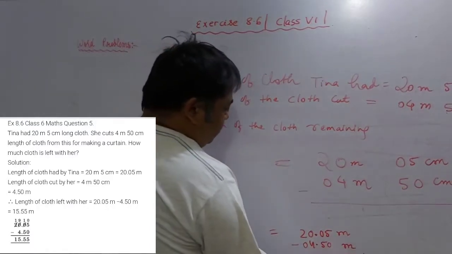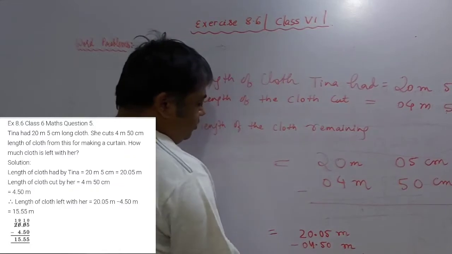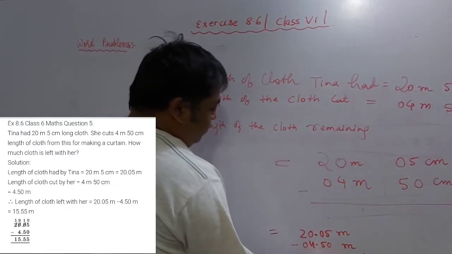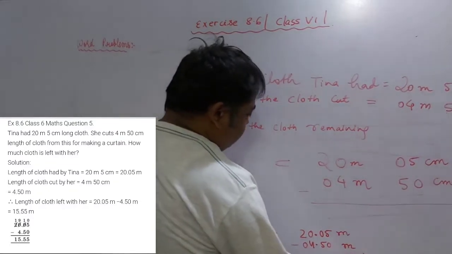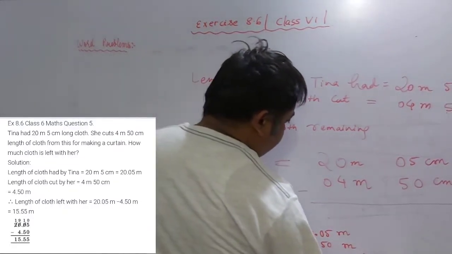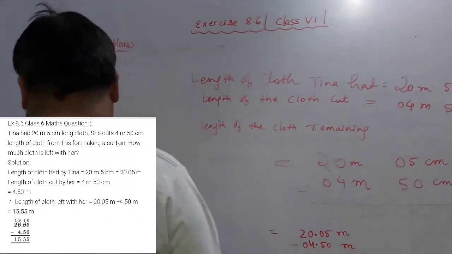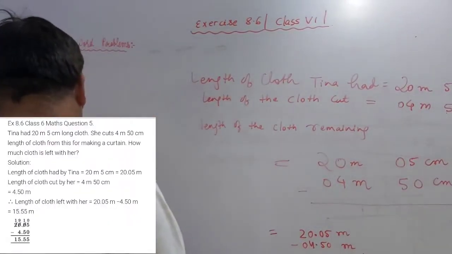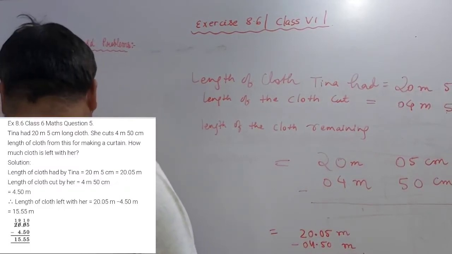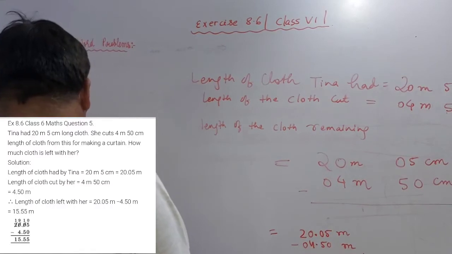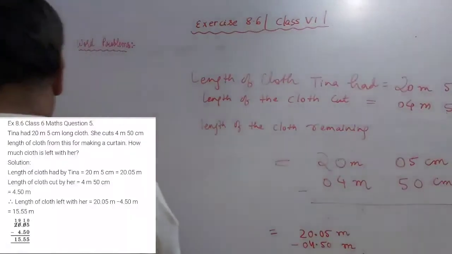Now it will become easy. 5, this will become 5, this will become 5, this will become 1. This was question number 5.